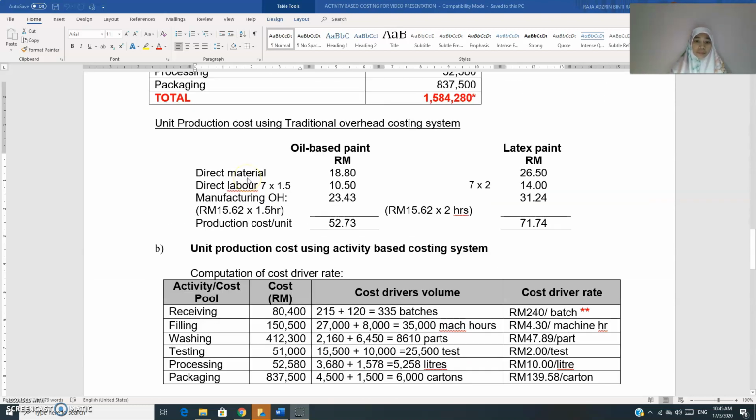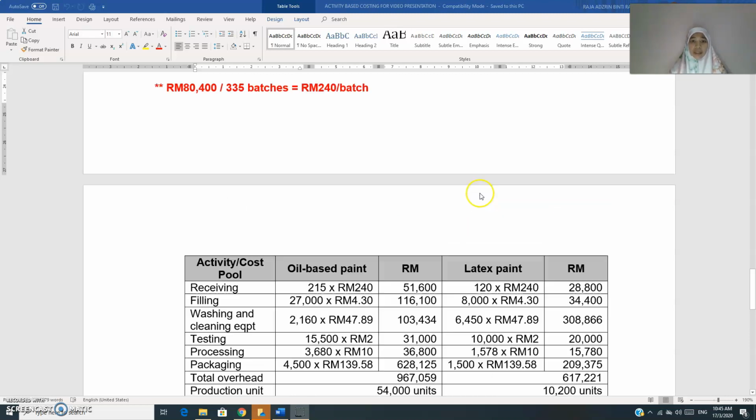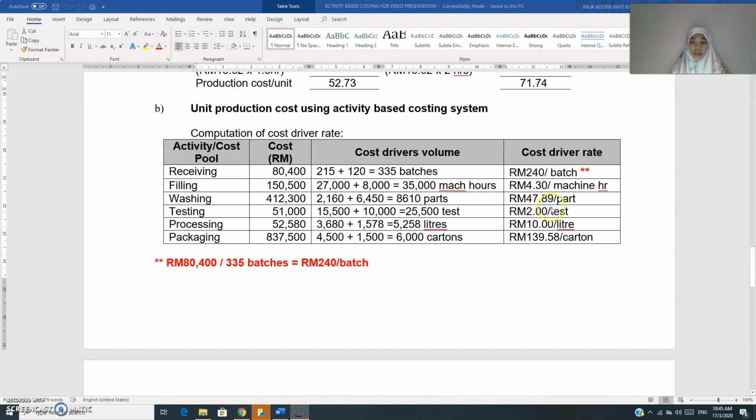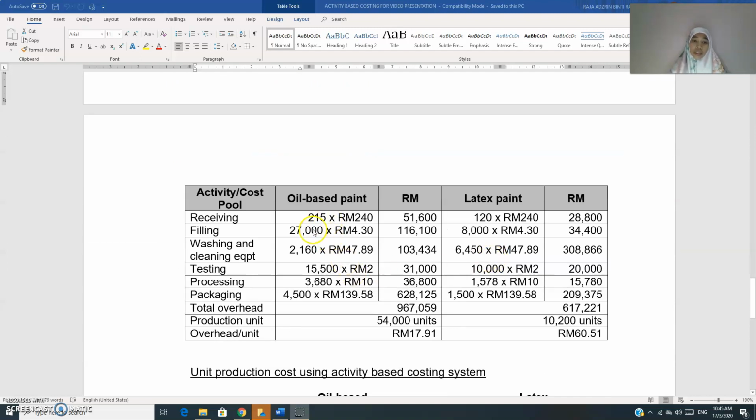So that gives you this figure, 116,100. And you do the same for the rest of it: take the cost driver rate that you have calculated, times the consumption of each cost driver for each of your products. This gives you a total overhead of 967,059 for your oil base.